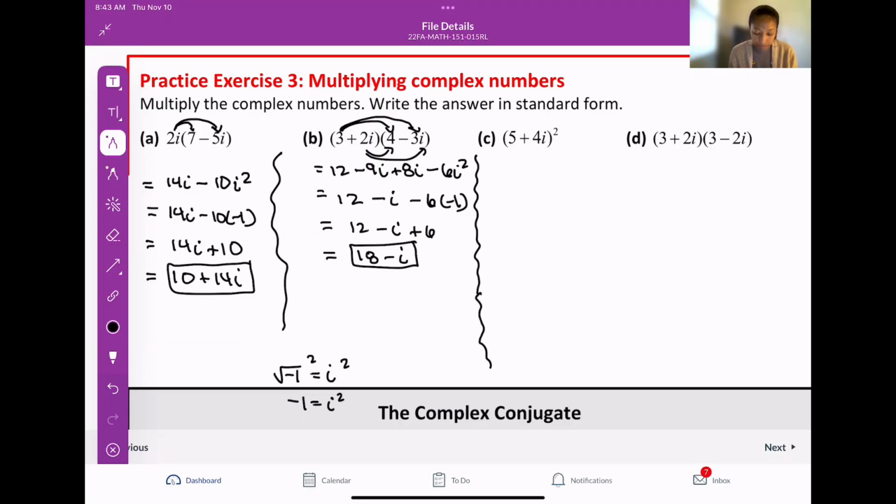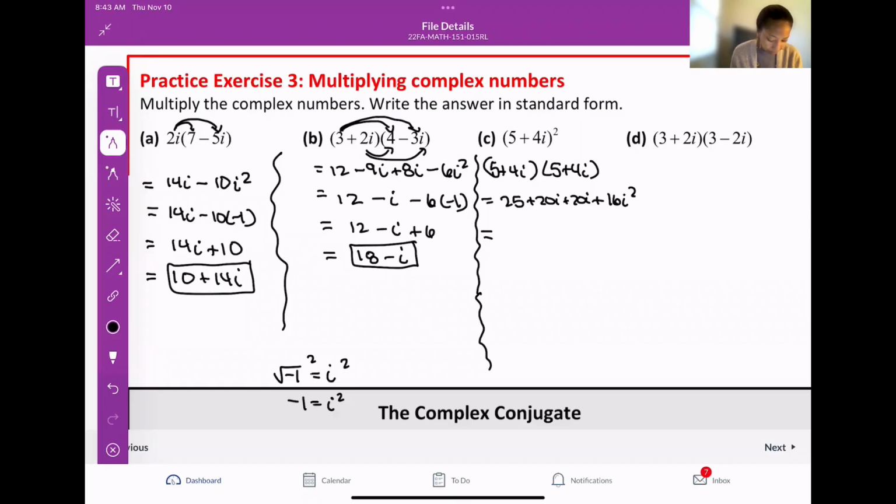All right, part C, 5 plus 4i squared. Just a reminder, no matter how tempting it is, we cannot just square the 5 and square the 4i and call it a day. We have to FOIL here. This is 5 plus 4i times 5 plus 4i, which would be 25 plus 20i plus 20i plus 16i squared.